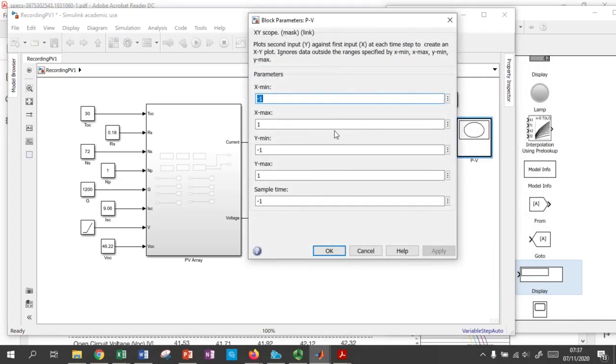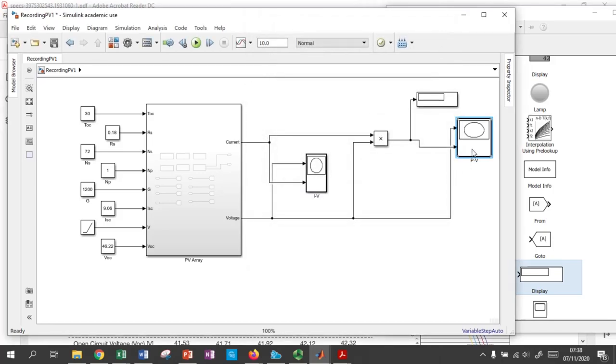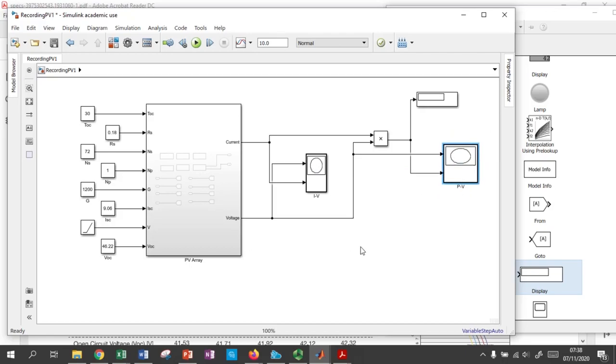This one is also X is 0, X maximum is 100, Y is 0, and the maximum power is about 700. Now it seems that it's ready and we have our module ready to run.